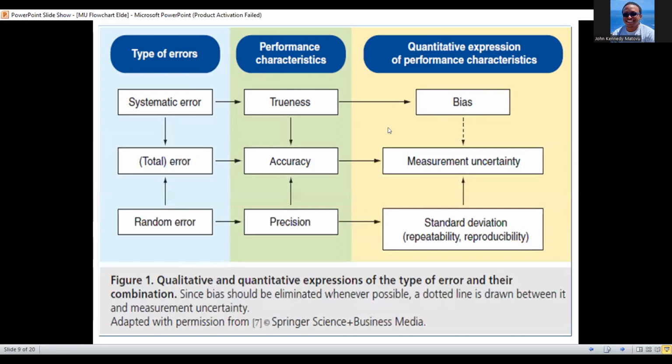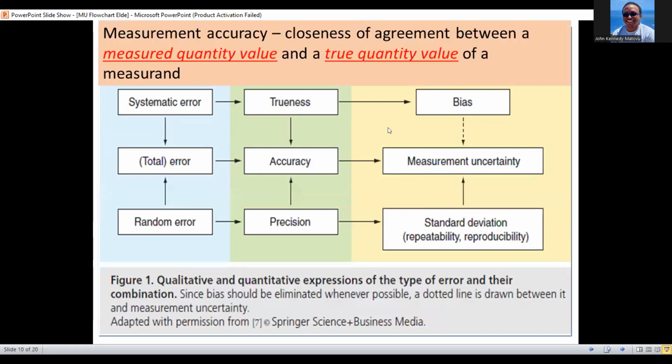All right. I have one more with the word accuracy. And I have to admit, I have transgressed the new rules of ISO. Here's a classic definition of accuracy. It's the closeness of agreement between measured quantity value and true quantity value.